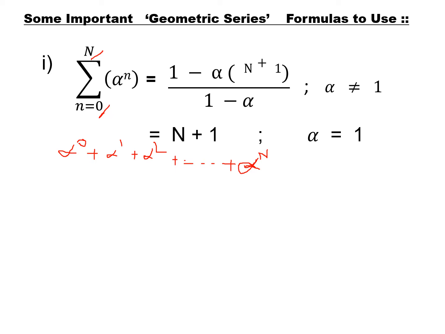Then what is the final sum? The final sum is nothing but this formula. It is always 1 minus alpha to the power of N plus 1, divided by 1 minus alpha. Remember, it is a very important formula. You will be using it many times in future, even in other modules. It is the ratio of 1 minus alpha to the power of the upper limit plus 1, divided by 1 minus alpha.